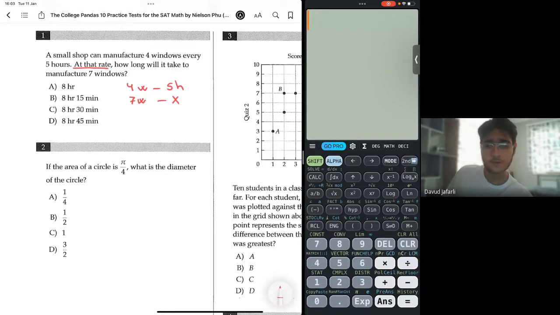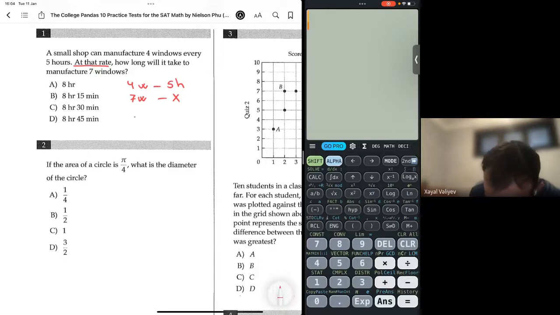No, what? 35 over 4. Yes, 35 over 4. Okay, x equals 35 out of 4.